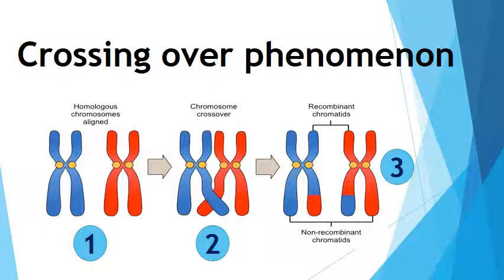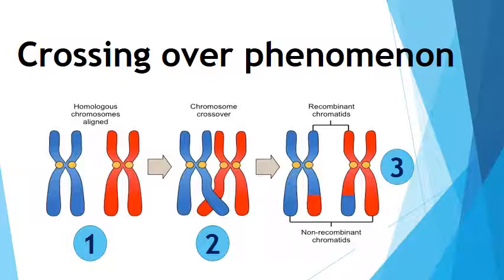This is a crossing over phenomenon. It takes place between the homologous pair, such as in figure 1. In figure 2, what can you see? The inner chromatids start to exchange a part of them.